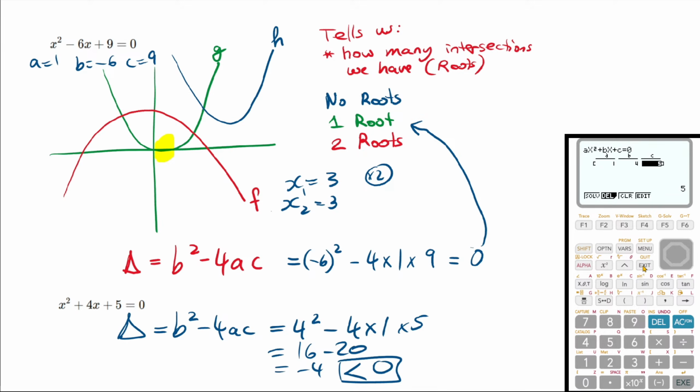So if it has this weird looking i in it, then the answer is no, not allowed. This is not a real number anymore as soon as it has this i in it. Both of these situations you guys can use to identify that there are no real roots in the question.